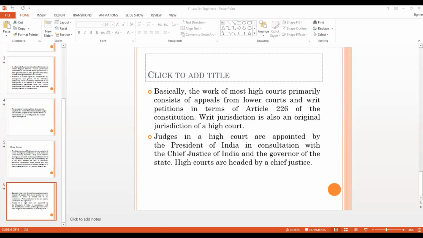As I told you, Delhi was the only UT in India which had its own high court, and now as Jammu Kashmir and Ladakh are also UTs, Jammu Kashmir has its own high court. So at present there are 2. If Jammu Kashmir becomes a full-fledged state, then there will be only one UT which has its own high court, and that is Delhi.